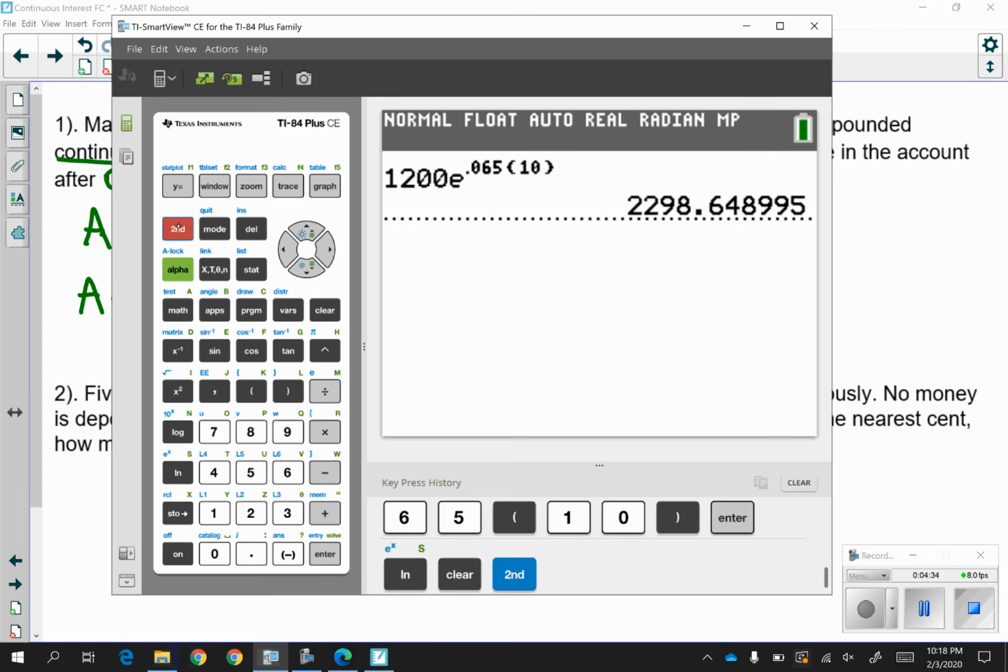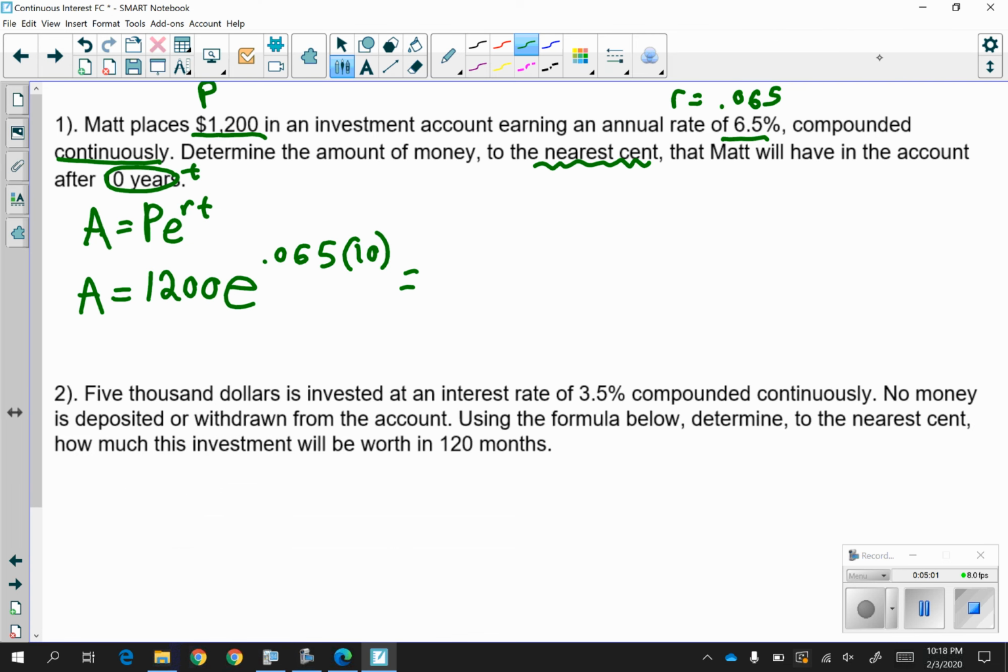In order to get e, you're going to hit second ln. There's another e in your calculator right underneath the division sign, but if you use that one, it doesn't give you the exponent. It really doesn't matter whichever one you use. The point is our problem is going to have $2,298, and if you round it to the nearest cent, that's going to round up to 64 cents. Sorry, 65 cents.